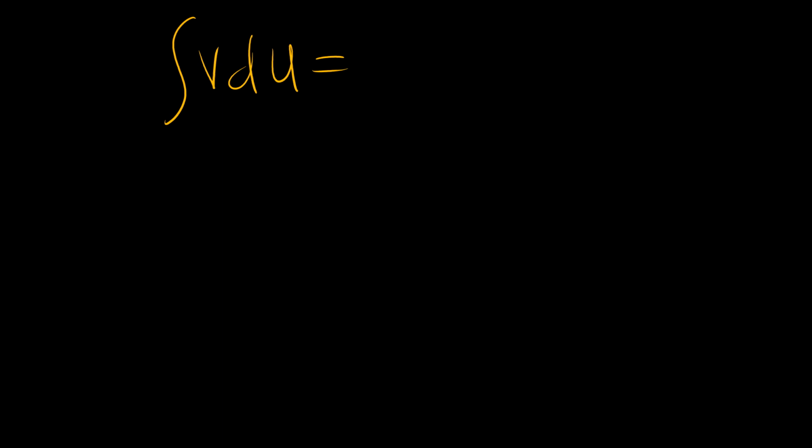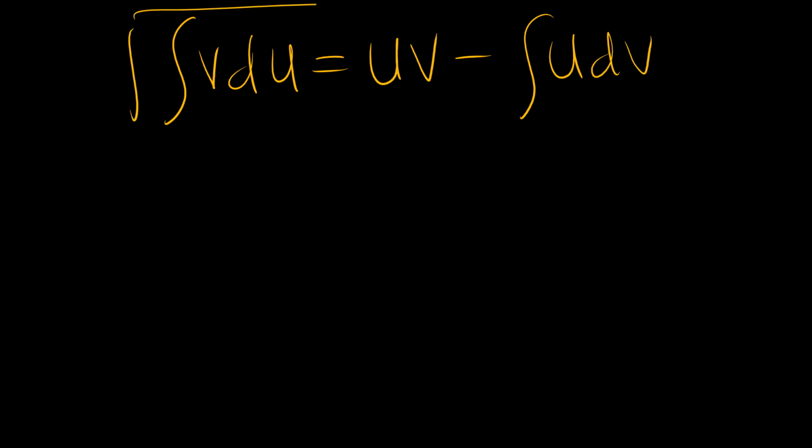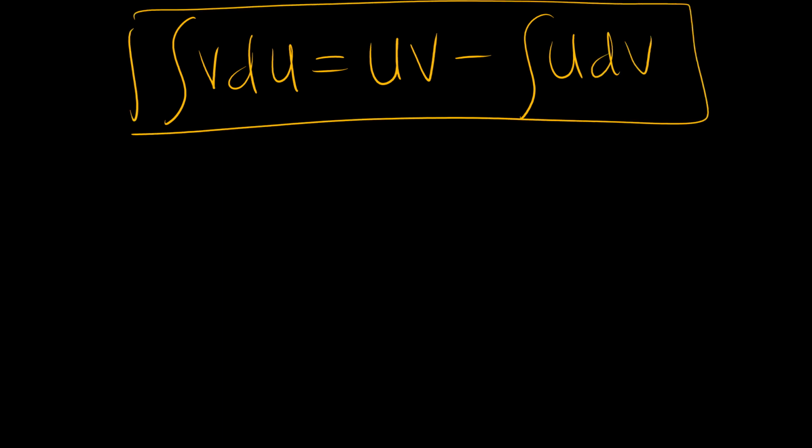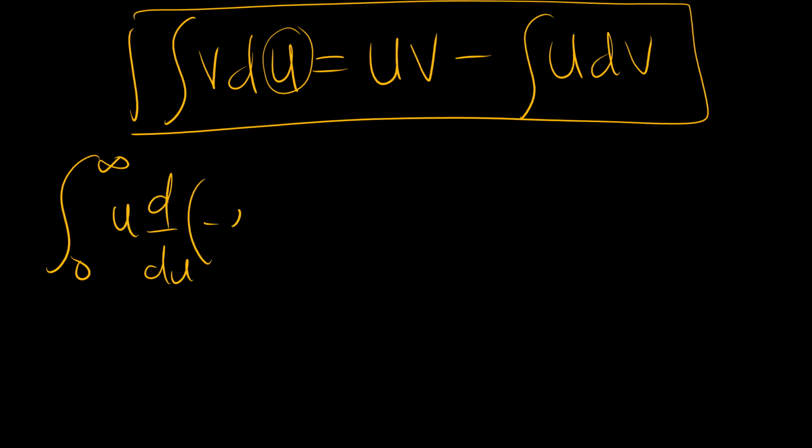When you try to integrate that, you have a product of u and v minus the integral of the derivative of u times v. So knowing that our v is negative e to the power negative u, this is the same as u. This is u, this is v.